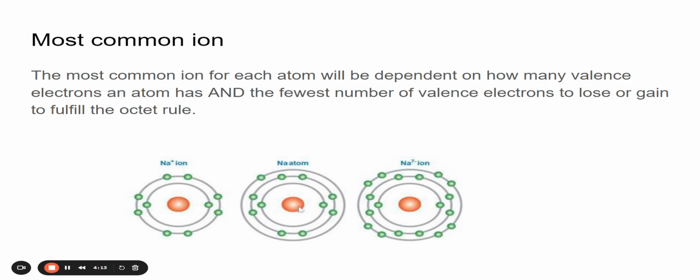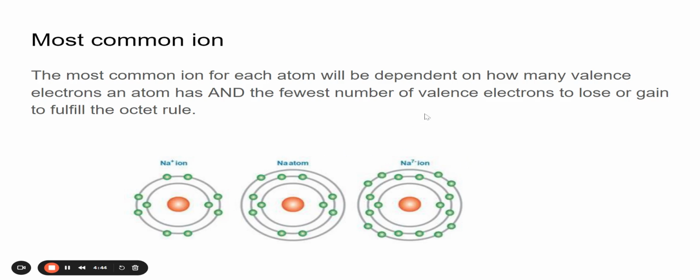So if I look at the sodium atom, there's 1 valence electron for sodium. So there's 2 options. I could lose that 1 valence electron, and it now has a full outer valence shell, or it could gain 7 more.